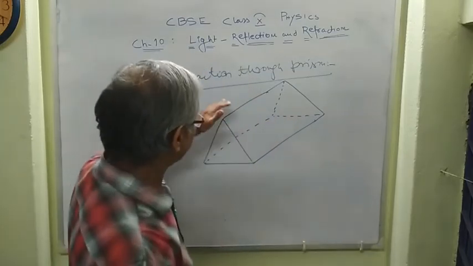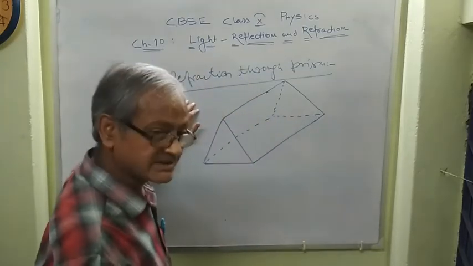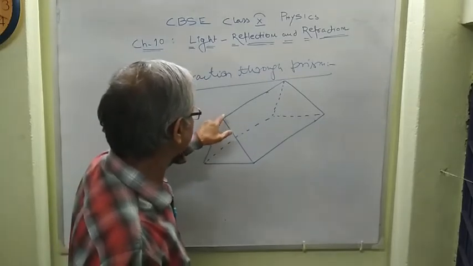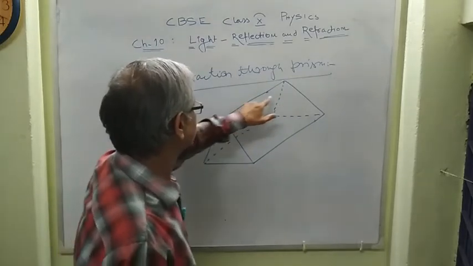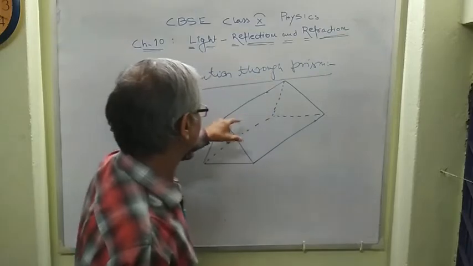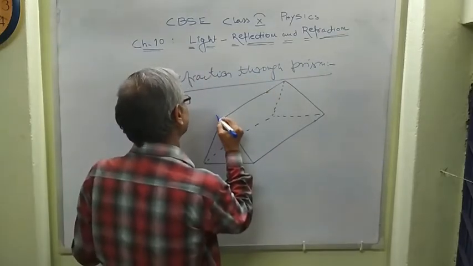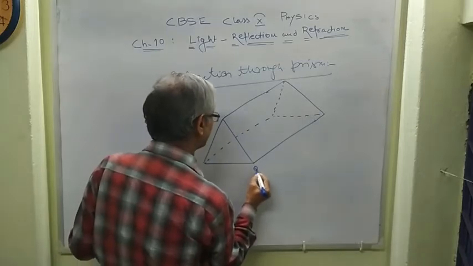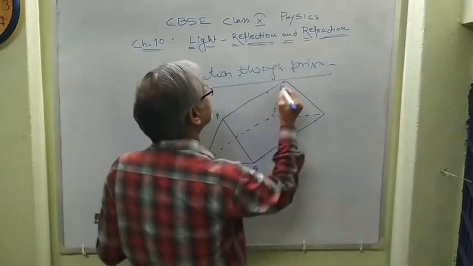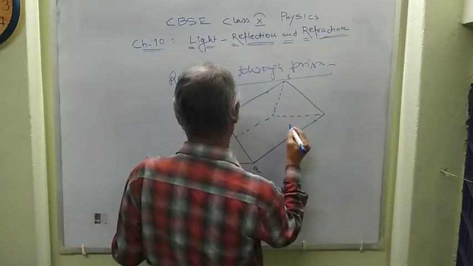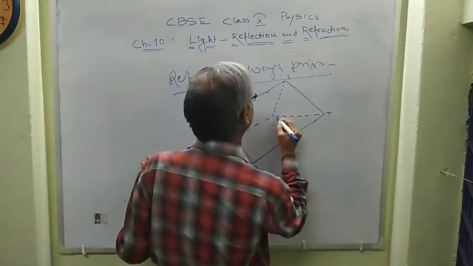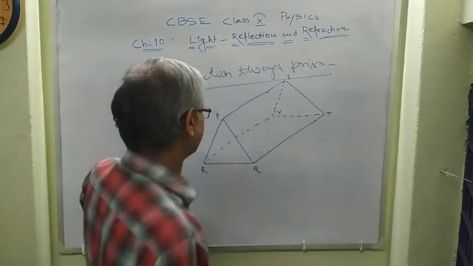In this case, it has two rectangular faces, and the two planes meet at this line. We name it P, Q, R, S, T, U. Right?